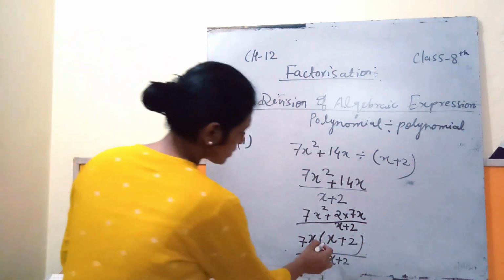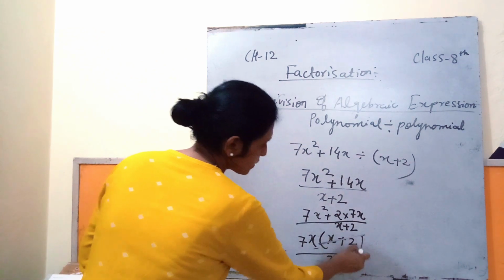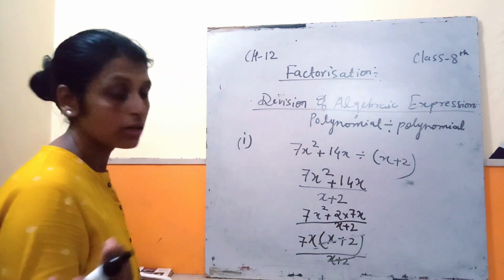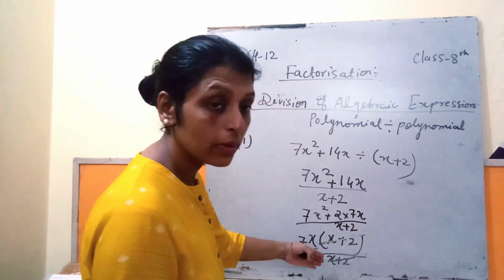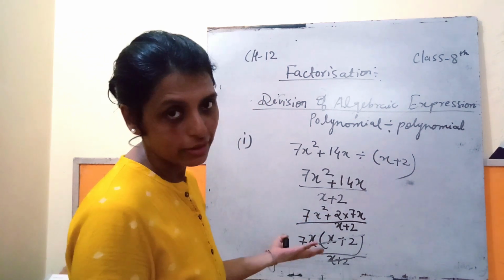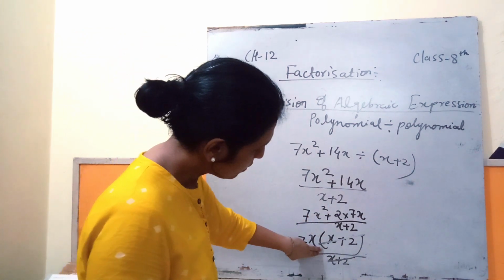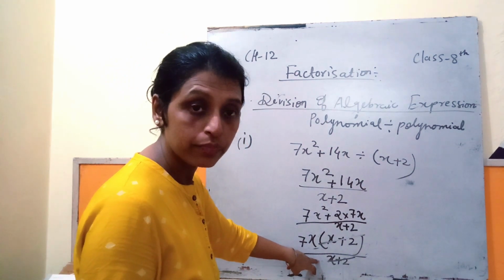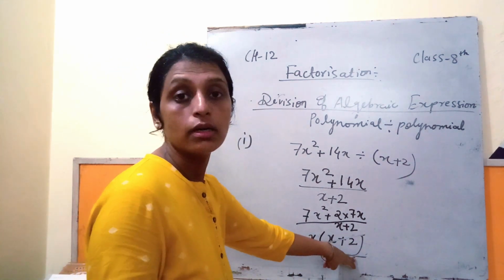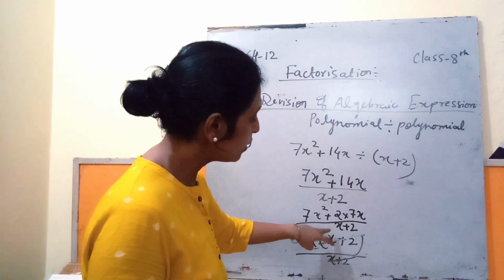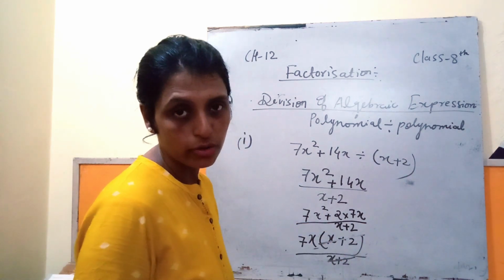Now this x plus 2 and this x plus 2 will get cancelled. Why? You can apply the laws of exponent here. When the bases are the same and there is the operation of division, then the powers get subtracted.